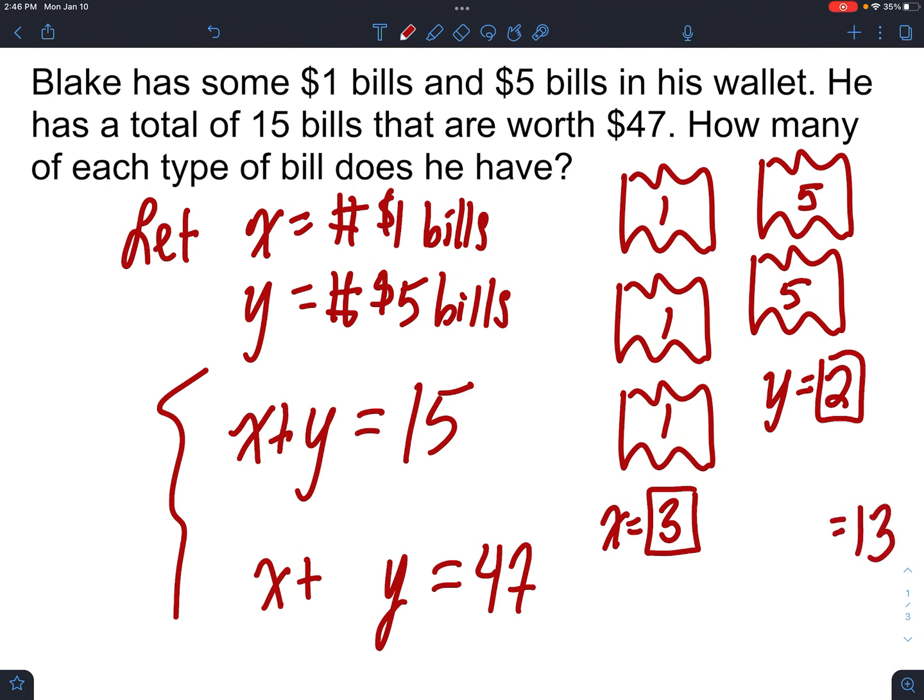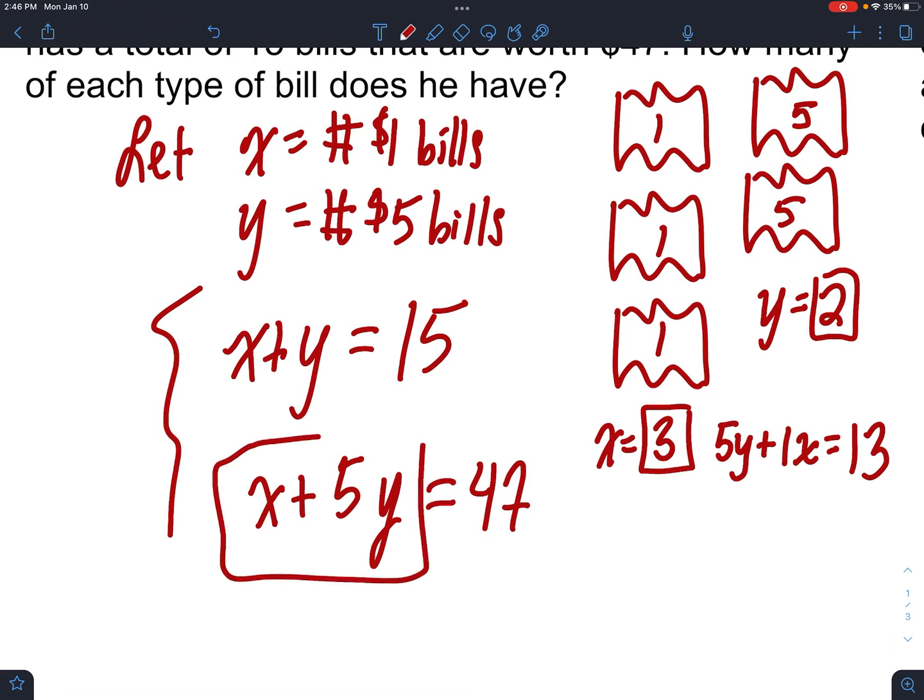So if you want to try and get 13, you have to say that you did the $5 times the Y, so 2 $5 bills plus 3 $1 bills. So in other words, if we put a 5 there, that tallies it up correctly, right?